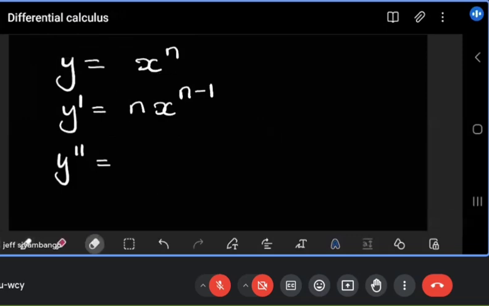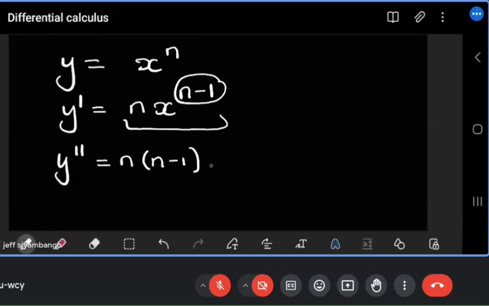Again, we treat it as if we're starting from here. The power again multiplies down. We already had an n here, but now that new power will multiply, n minus 1. Then the power reduces by 1. So I have n minus 1, the one which was already there, and now we reduce it by 1, which becomes n minus 2.